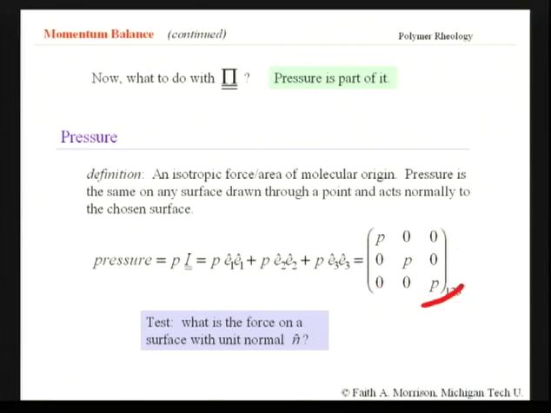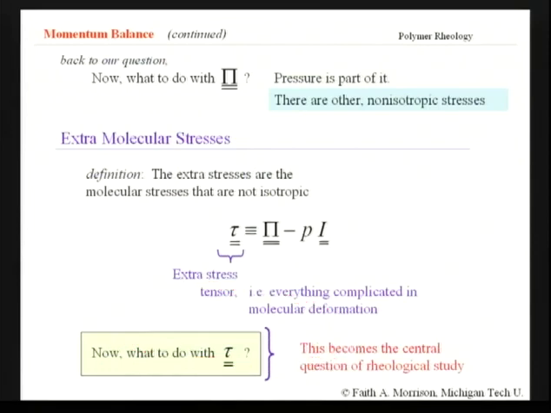An isotropic tensor has only diagonal elements, and they're all the same. And this is what I just did. What is the force on a surface with n? So now the remaining stresses are called the extra stresses, and they're just p times the identity subtracted from the stress tensor pi.